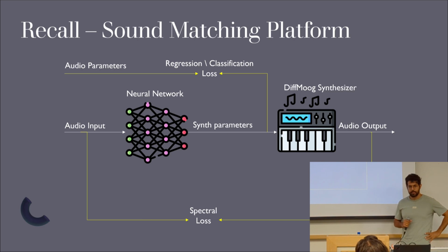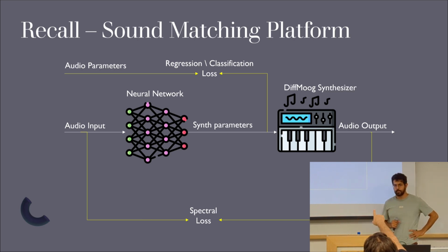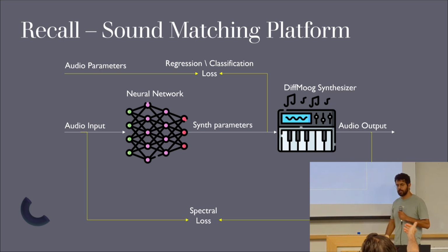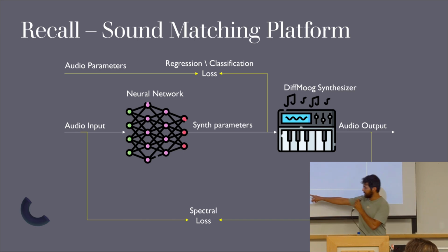The point is that you want to do sound matching, so you want to define a loss function over the output of the synthesizer, okay? And you want to learn the parameters of the synthesizer, but in order to do that, you need to differentiate and backpropagate the error through the synthesizer. So you need to implement it. Okay, I'll explain two words. The spectral loss compares the sound directly.